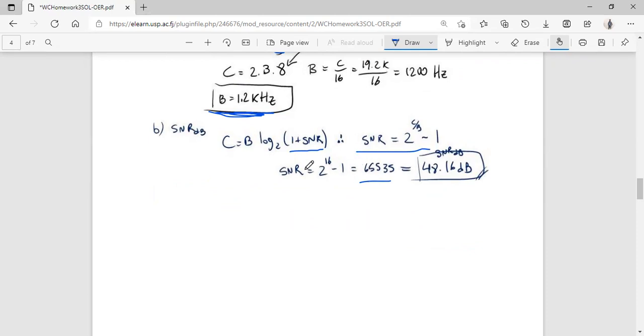You should get this SNR value, and take 10 log of this answer. This 10 is times, right? 10 times log of the answer. 10 log 65535. Okay, that's how you get 48.16 decibels.